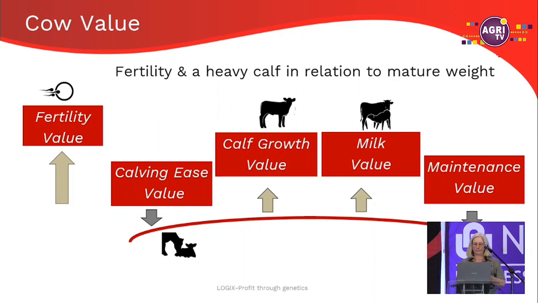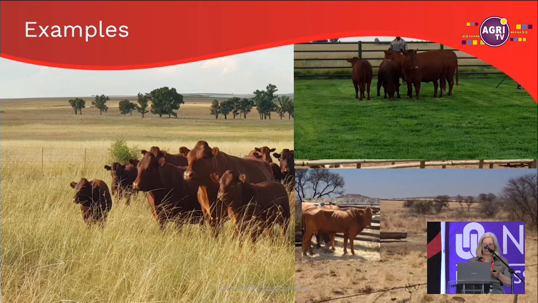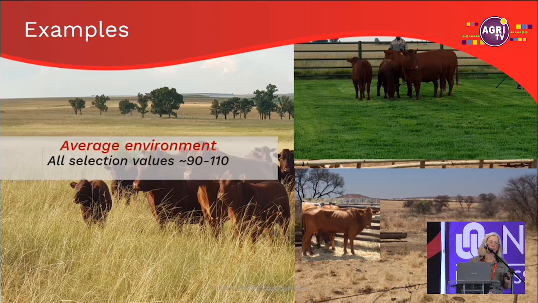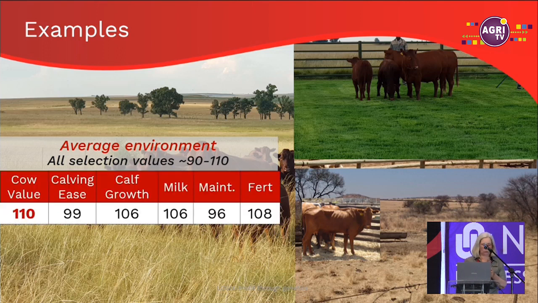So just a few practical examples. If you have an average environment, all your selection values are between 90 and 110. That's where more or less 50% of the animals are, and it's relatively easy to select for.